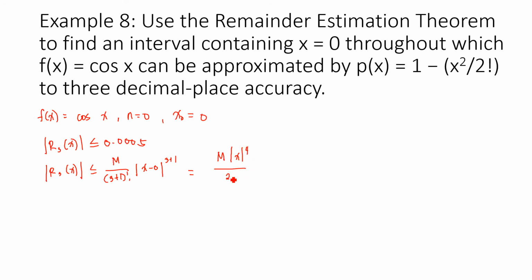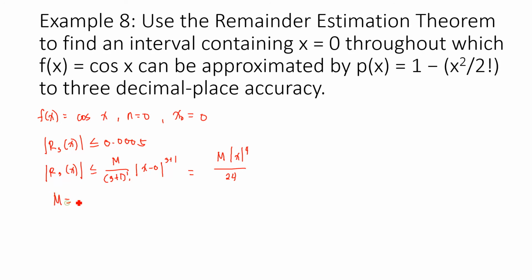Here m is the upper bound for the fourth derivative of f, which is the absolute value of cosine x. The absolute value of cosine x is less than or equal to 1 for any real number x. So in this case, we can make our m equal to 1.